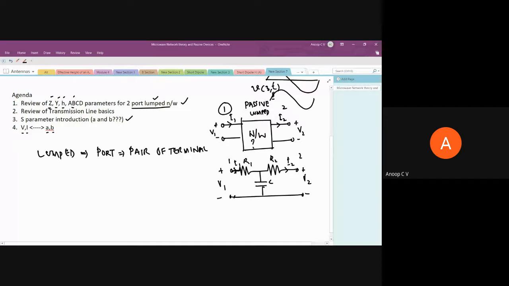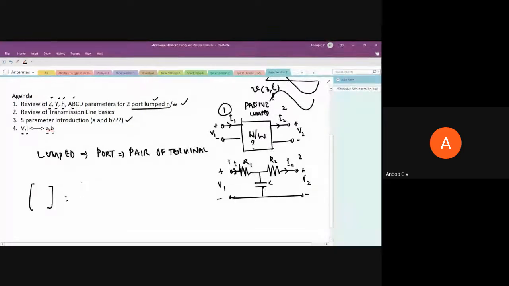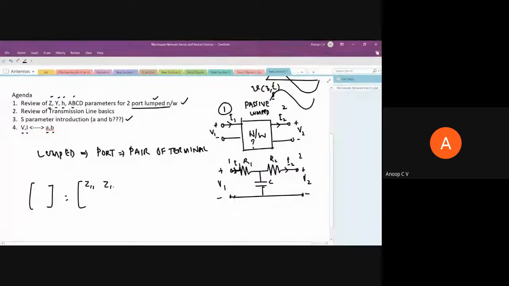Now let's quickly recollect what those Z, Y, H, ABCD parameters were. If you consider this two-port network, the Z parameter representation has Z11, Z12, Z21, Z22. These blank vectors have to be filled with voltages and currents. In the Z, or impedance, parameter representation, can anyone tell me what is represented in terms of what?